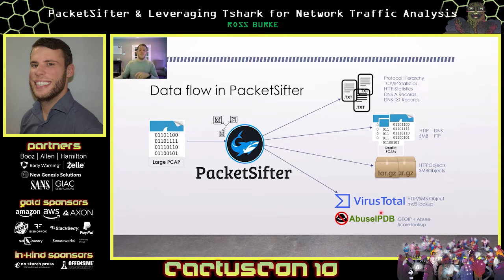And lastly, with the AbuseIPDB integration, it'll look up the DNS A records within the pcap, and it'll look up the IP addresses and see whether this IP address was associated with known malicious activity. So you'll get another report that says the confidence level out of 100 is 50 for this IP address. So this IP address within the last 30 days has an abuse score, if you will, of 50 out of 100.